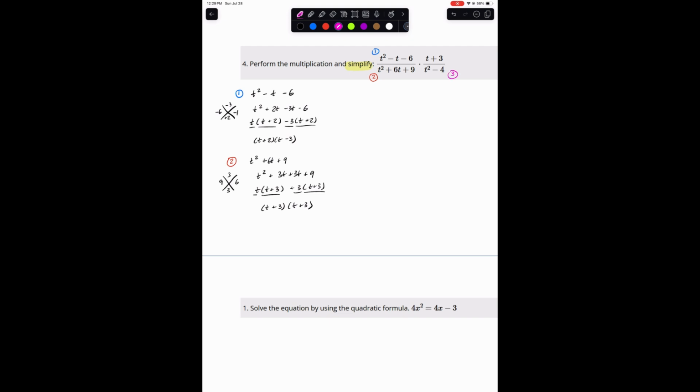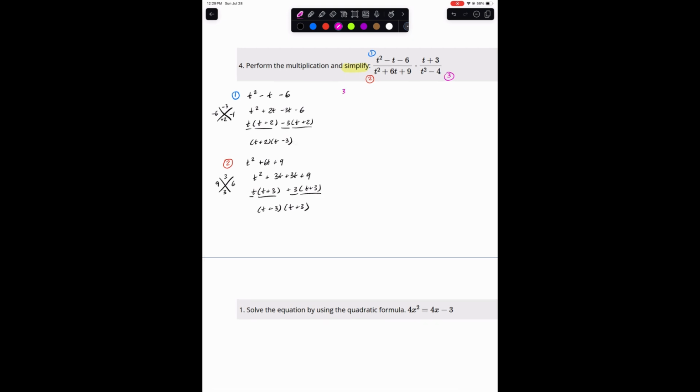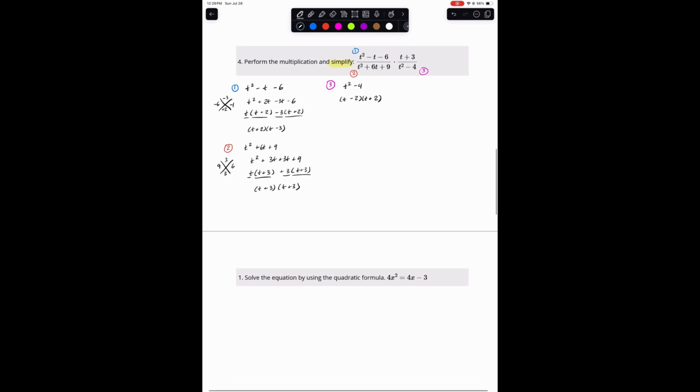So the next polynomial is actually t squared minus 4 that I will factor out. T squared minus 4 is a difference of squares, so this is simply t minus 2, t plus 2. Okay. Now we can rewrite our product. So t plus 2, t minus 3 over t plus 3, t plus 3 on the left hand side.